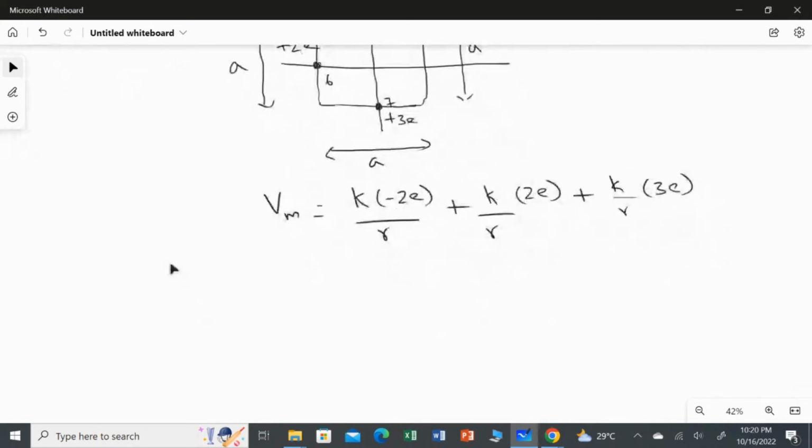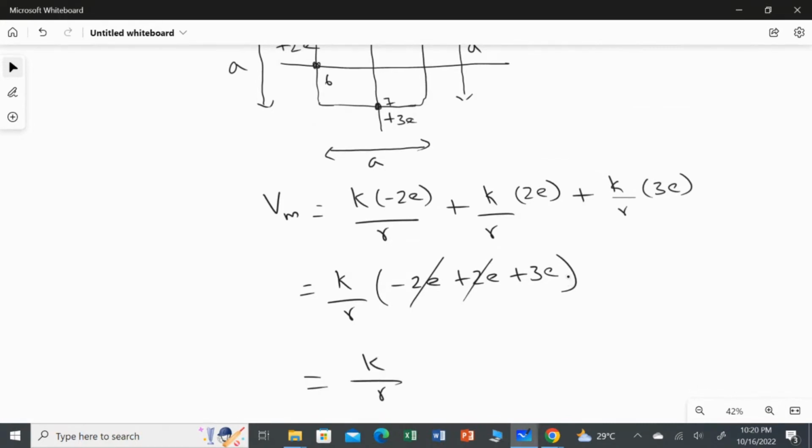Again, I'm going to take the common term outside. K over R inside the bracket: minus 2E plus 2E plus 3E. What will happen? Minus 2E gets cancelled with plus 2E. I'm going to write the remaining term, K over R multiplied by 3E. So this is the value for the middle charge.